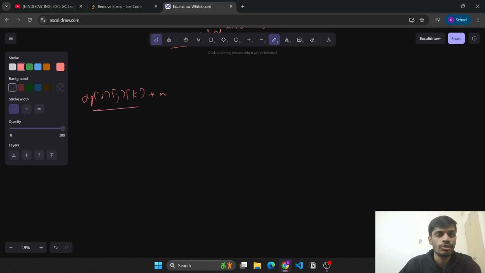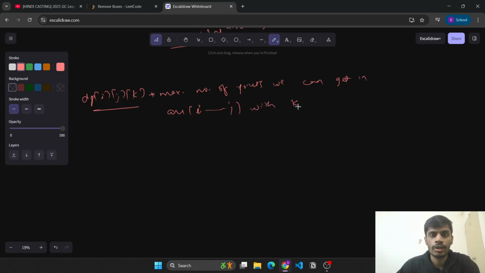It denotes the maximum number of points we can get in the array i till j, with k boxes of color nums of j on the right. Okay, this is what we define.